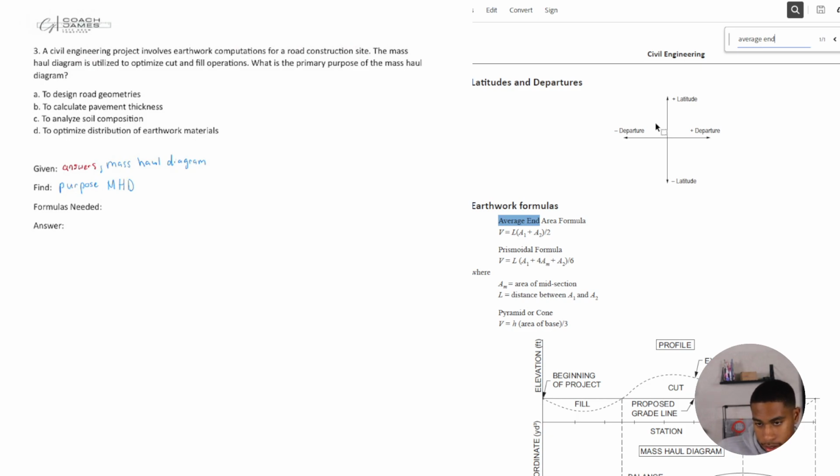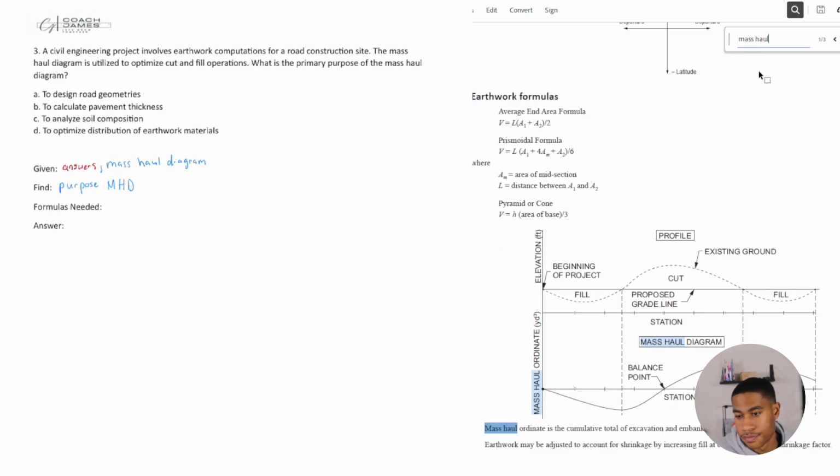MHD sounds fancy. All right, so let's search. I don't know what a mass haul diagram is. There are some balance points on this diagram. You have your existing ground and your proposed ground, and if you cut and fill in certain areas, it will balance this out.